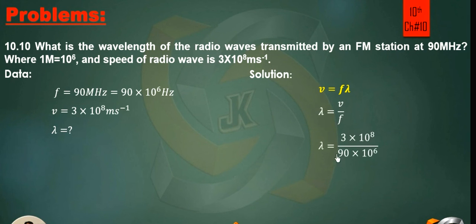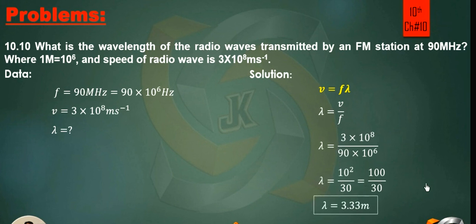So lambda equals 3 into 10 to the power 8 over 90 into 10 to the power 6. By substituting the values, we get the right answer: wavelength equals 3.33 meters.